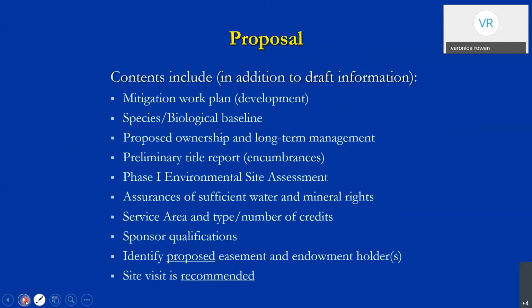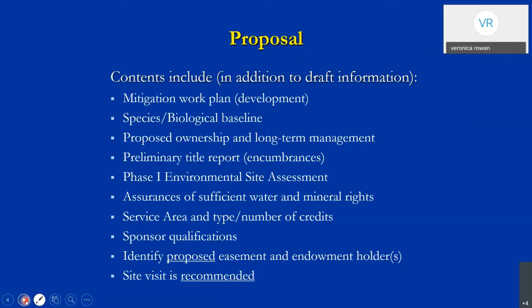The phase 1 environmental site assessment, discussion of whether or not there are recognized environmental conditions, which means there may have been some sort of hazardous materials deposited on the site.